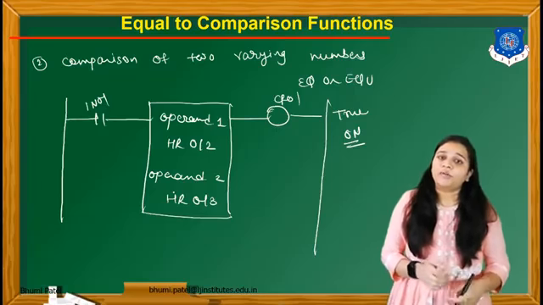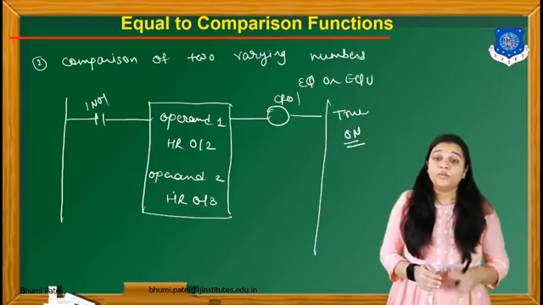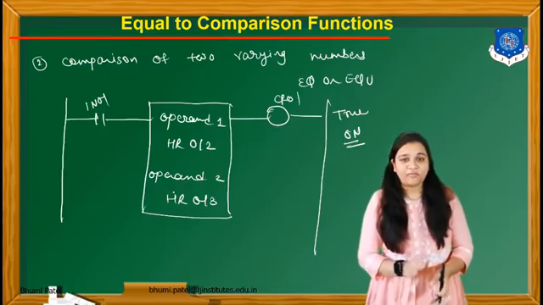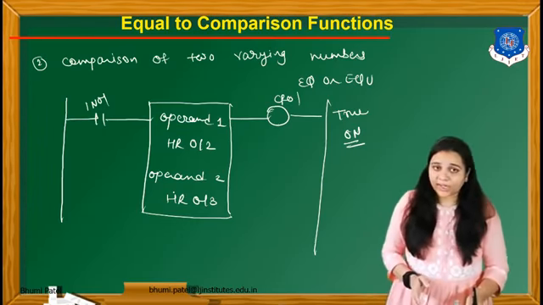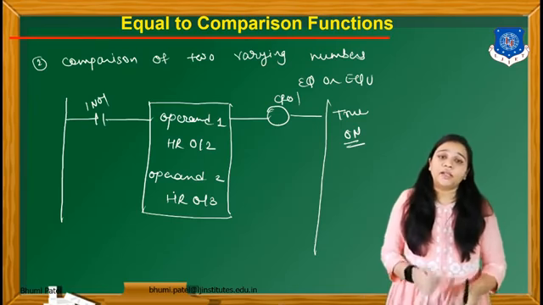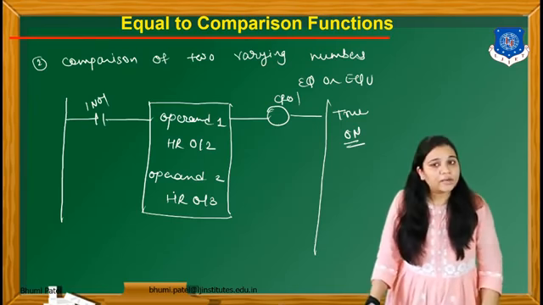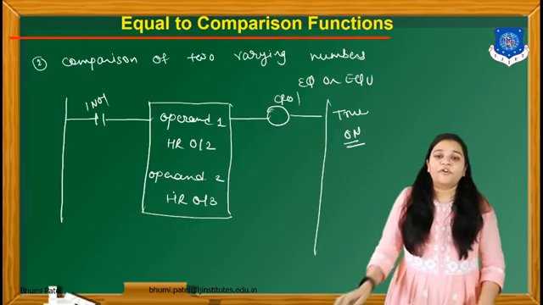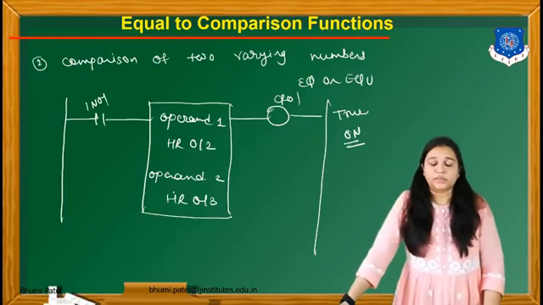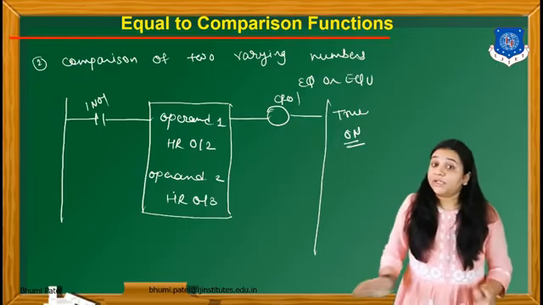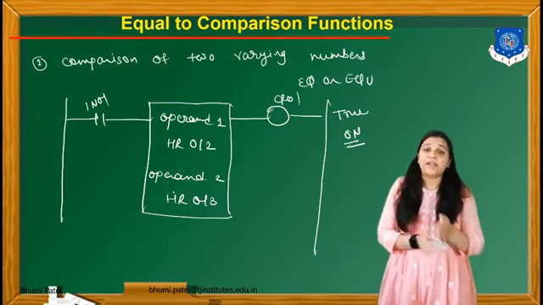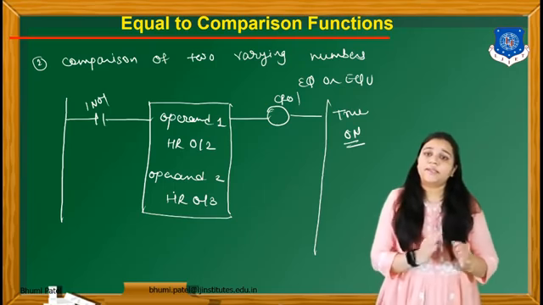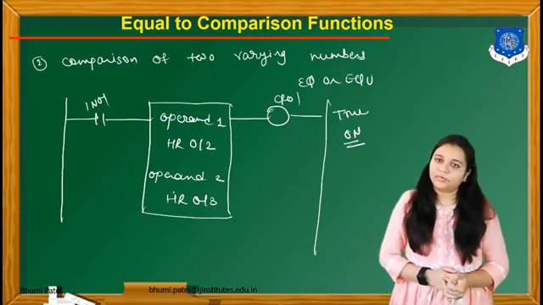Using the equal to comparison function, we can easily identify whether the two numbers given for this program or system are equal or different from each other. Okay. In the next session, we will study the not equal to function, then less than or greater than, and the less than or equal to and greater than or equal to functions.